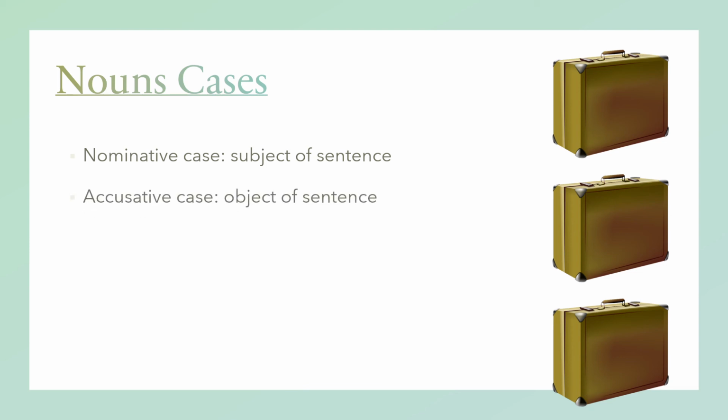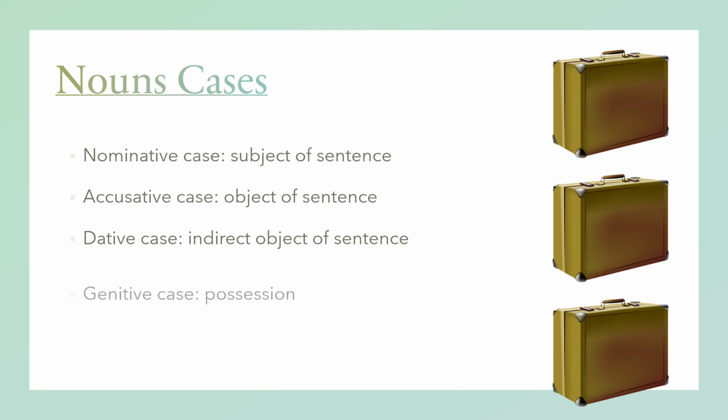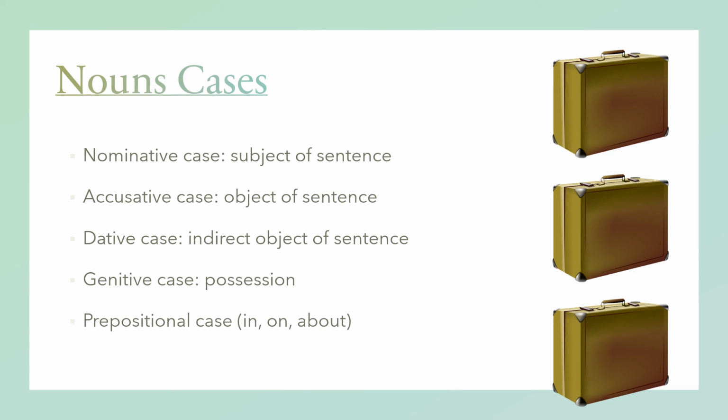The accusative case is for the object of a sentence. The dative case is for the indirect object. The genitive is for possession. The prepositional case is for the prepositions like in, on, or about.